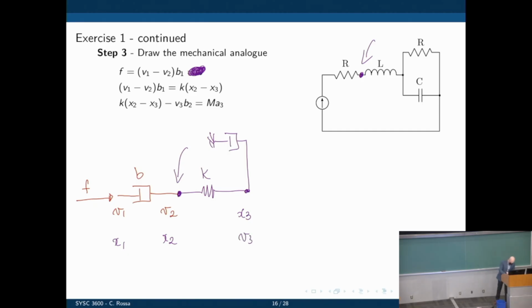That's B. That's this damper right there. That's the sum of all forces in that node, spring minus the damper. The damper is always going against the displacement anyways. And this is equal to mass times acceleration.